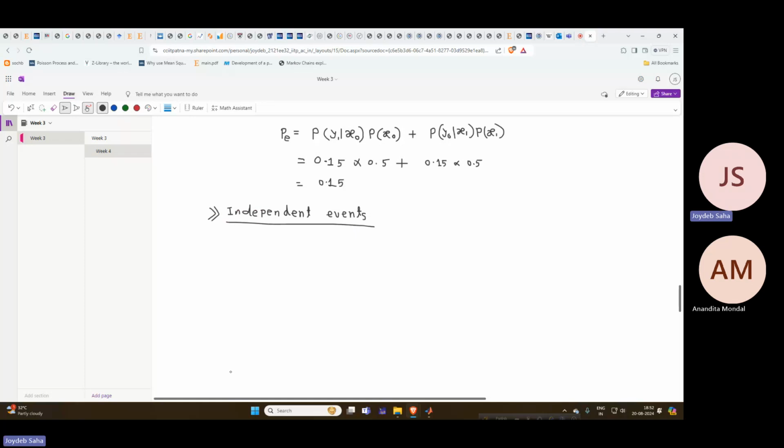What are independent events? If there are two events, let us consider there is a sample space S and in that sample space two events are there, having non-zero probabilities, this probability of A and probability of B are not zero.